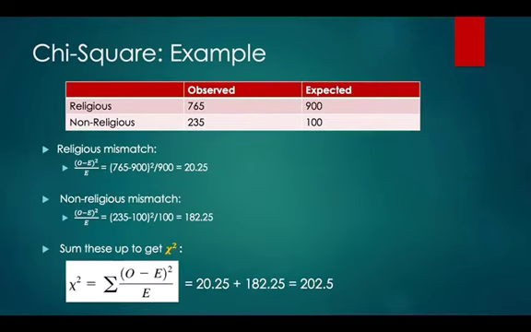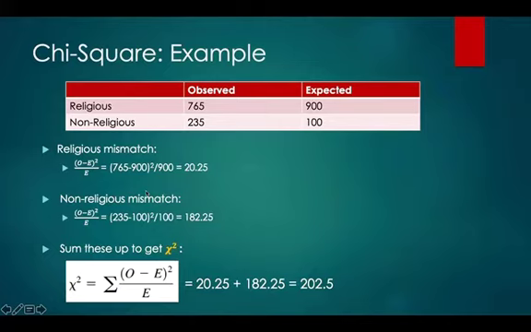Now, to calculate religious mismatch, you take your observed 765 religious minus 900 expected religious, square that, and divide by 900, which equals 20.25.